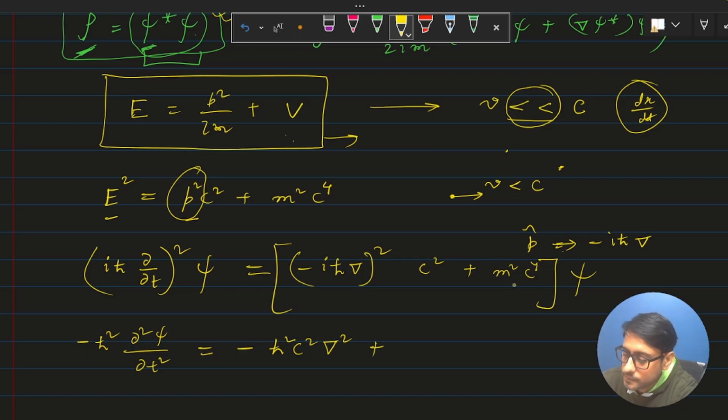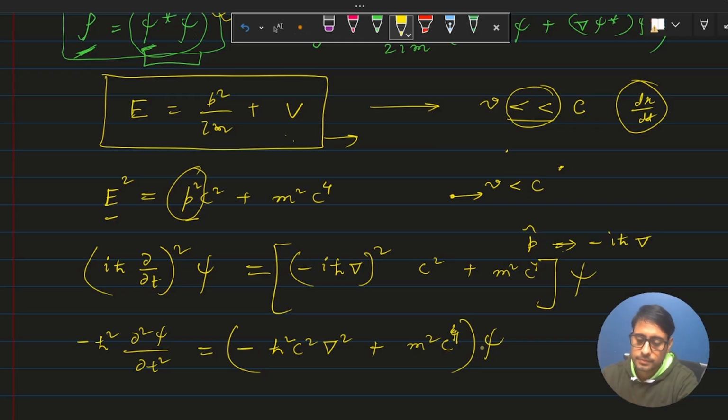Plus this term m square c to the power 4, and then everything inside the bracket and then psi. So this is what we have got.